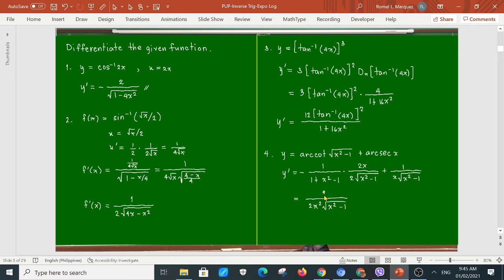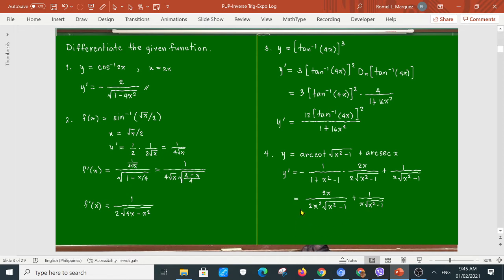In the numerator, we have 2x, plus 1 over x square root of x squared minus 1.